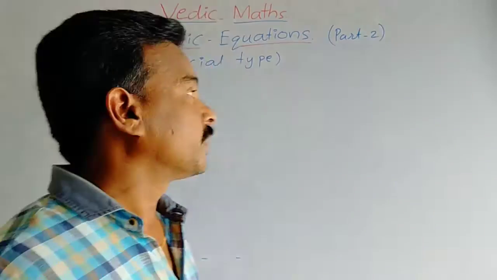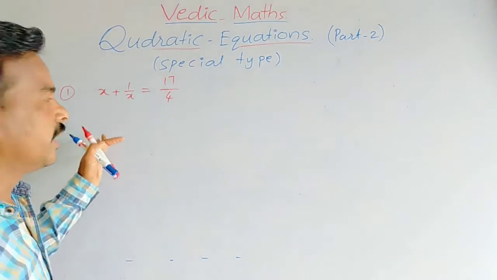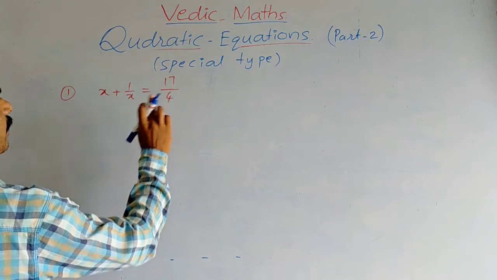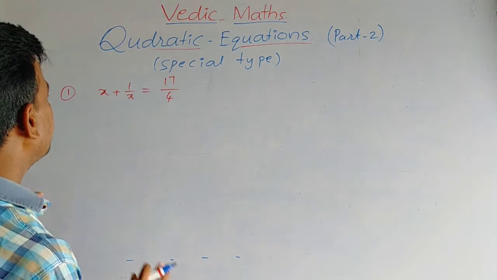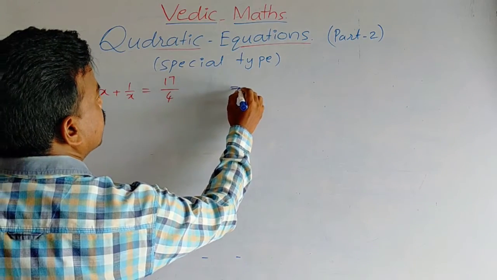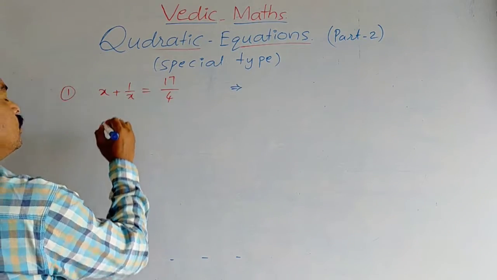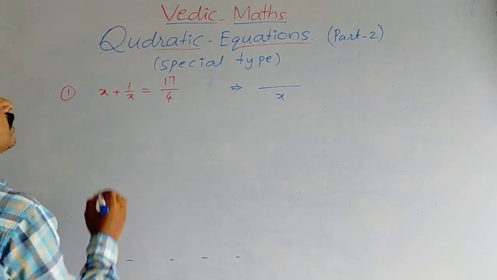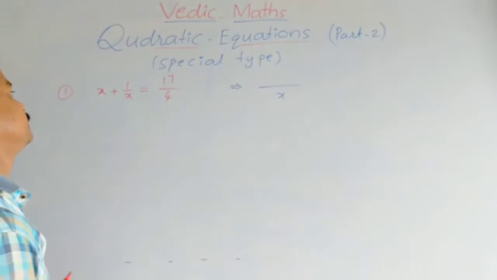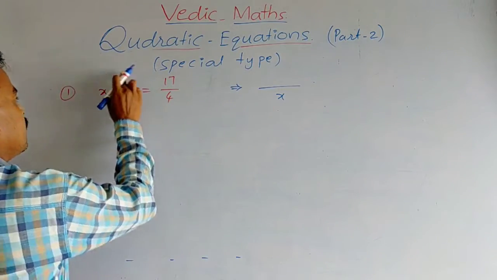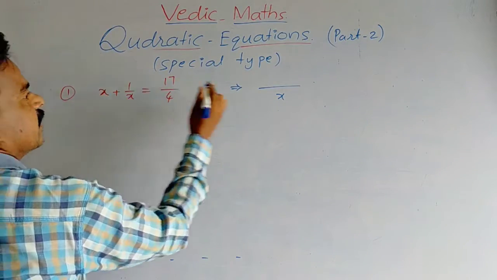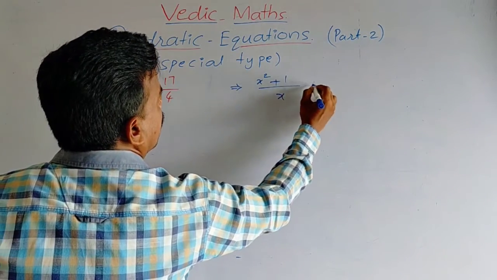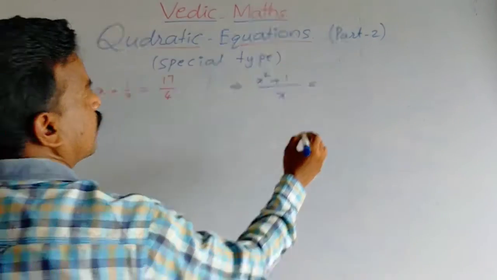Okay, now one example I am taking. You see, x plus 1 by x is equal to 17 by 4. In the current method, first we have to change this equation into a quadratic equation. So on the left side, x is the LCM: x squared plus 1 over x is equal to 17 by 4.